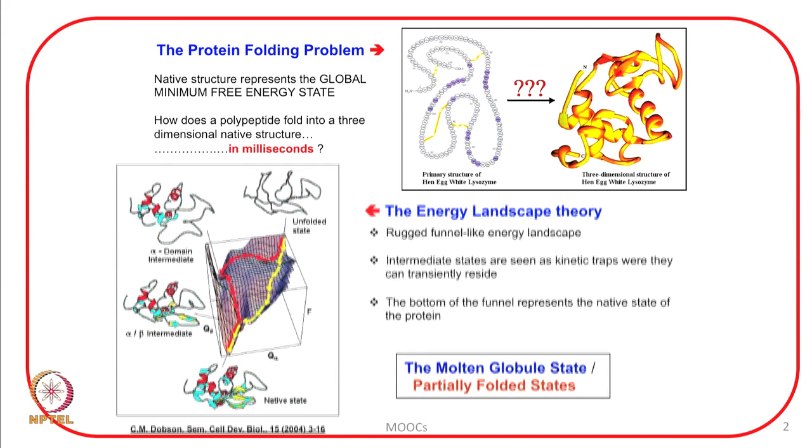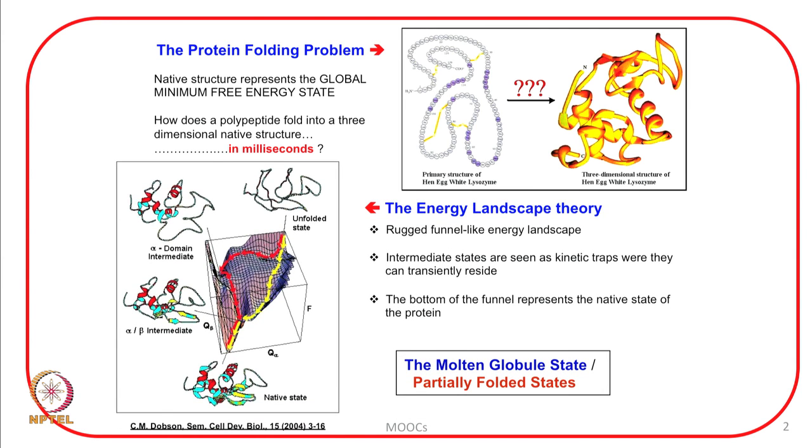And then we discussed that one of the most popular models which has been used in explaining protein folding is the energy landscape theory. And there I highlighted the molten globule state or partially folded states.